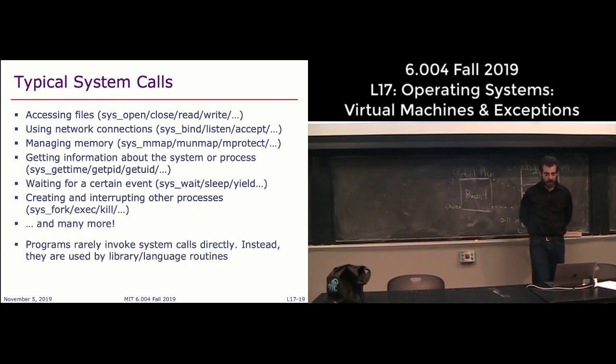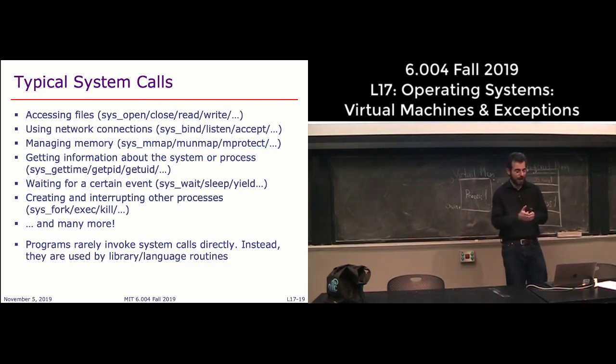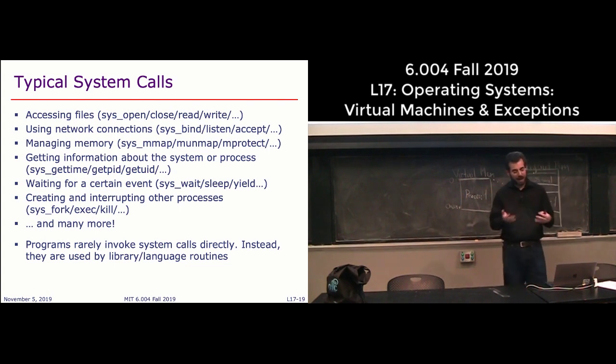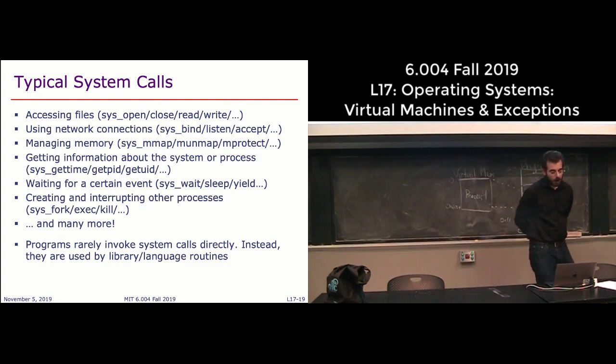Two important points here are, first of all, you're rarely going to use this directly. These are implemented by the operating system, but then there's a library, an extra layer in the process itself. The language library is the thing that's calling these system calls, and you are calling functions that also abstract this a little bit. And the other point that I want to make is that some of these calls might block the process.